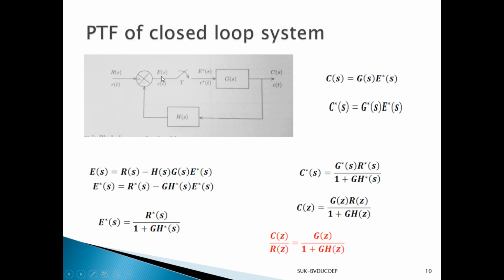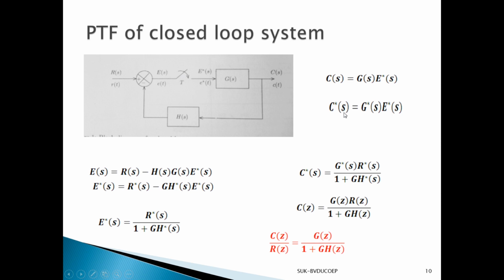Now, as usual, we try to solve. E(s) is equal to, what is the error? Error is equal to R(s) minus this signal, R(s) minus H(s) into C(s), that is H(s) into G(s) E star(s). So C(s) is G(s) into E star(s). So this I have put, and then I have taken the sampler here.